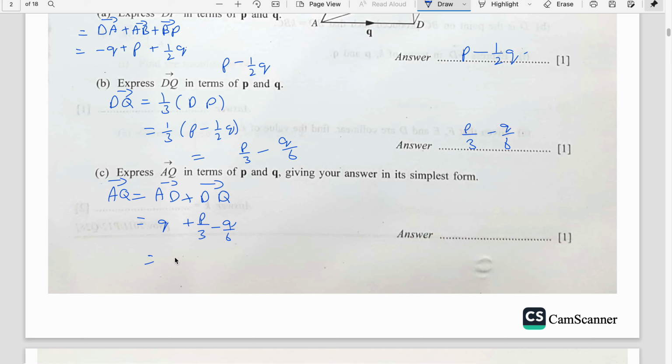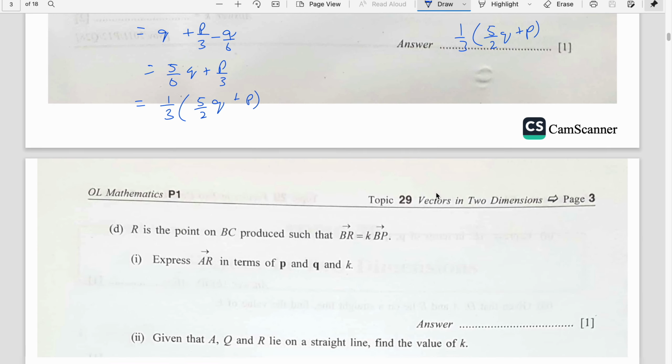So either take the LCM, this is 5 by 6 Q plus P by 3. If we take out 1 by 3 as common, this is 5 by 2 Q plus P. It is not necessary, you can write the same expression as well.